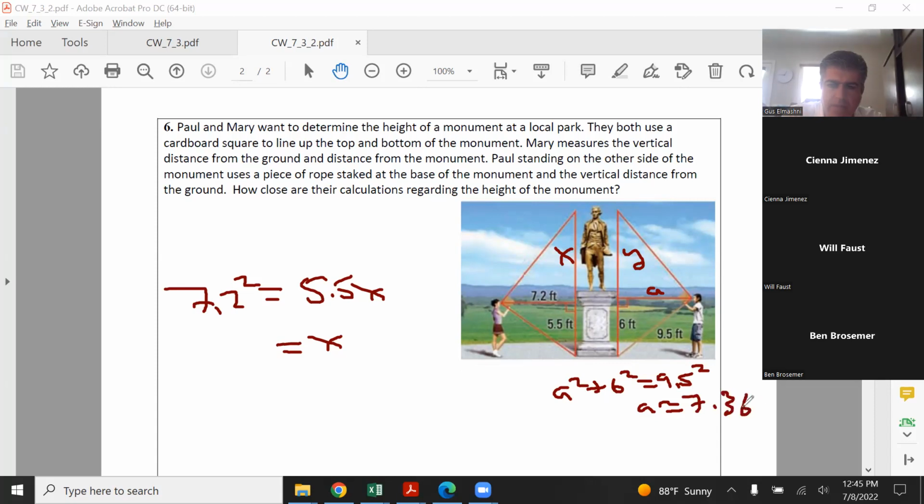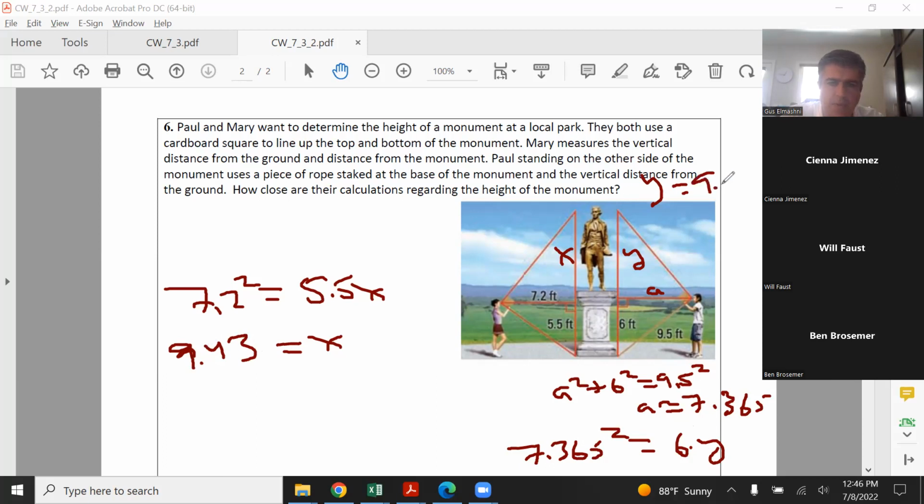7.365. So then I do 7.365 squared equals 6 times y and solve for y. So if I solve for x, I get 9.43. Solve for y, I get 9.04.